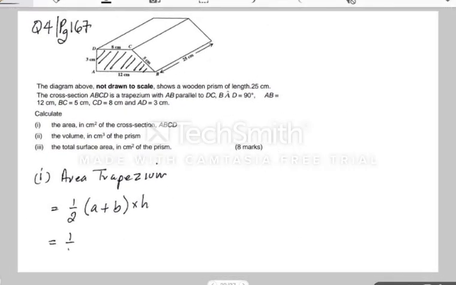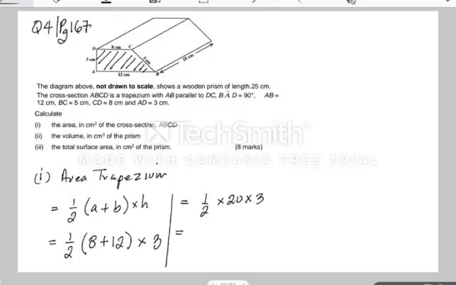So it's a half, 8 plus 12, times the height of the trapezium, which is 3. So this is a half of 20 times 3.